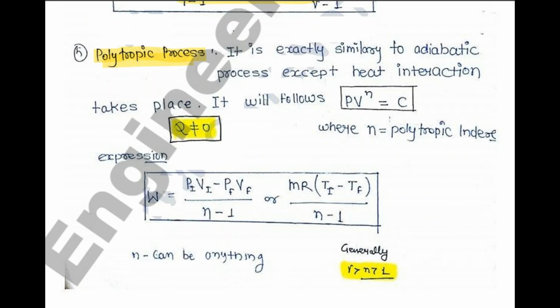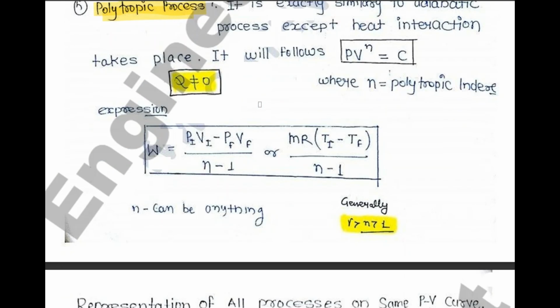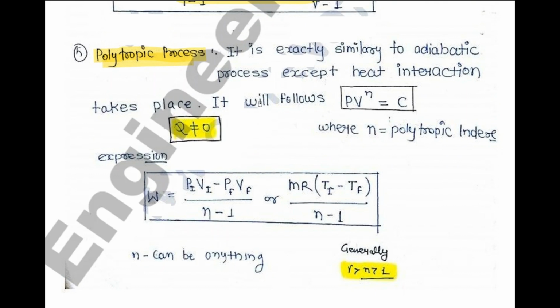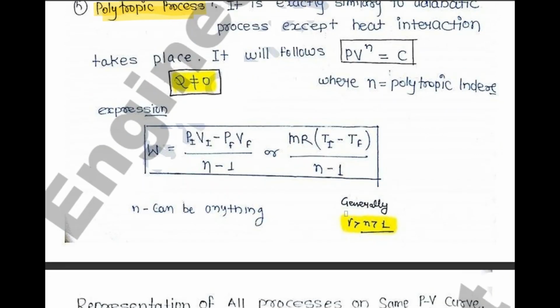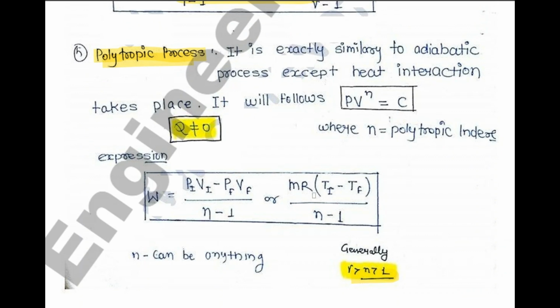And the restriction that I have just mentioned, that they will be between the horizontal and the vertical lines, is governed by n, which will always be greater than 1 but less than gamma, the adiabatic index. So the derivation for work will be the same as for adiabatic, just the gamma will be replaced by n over here.